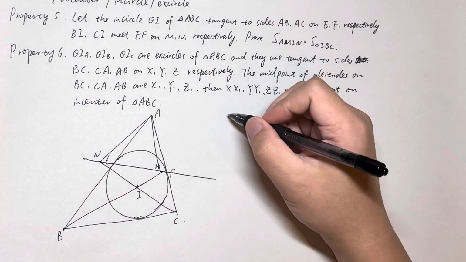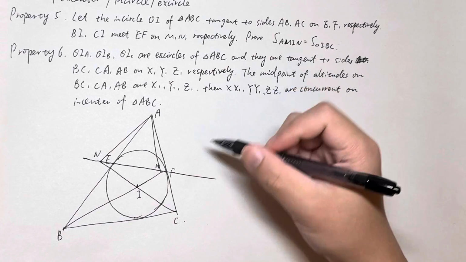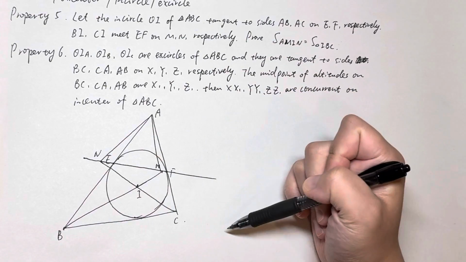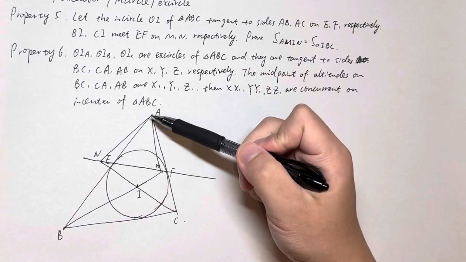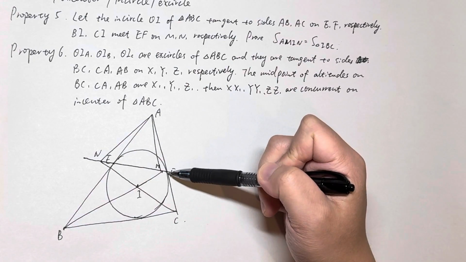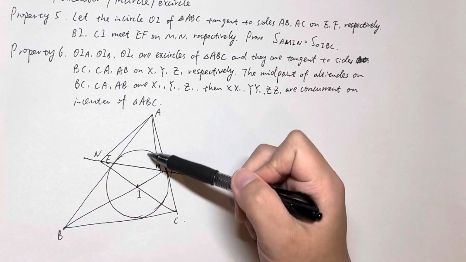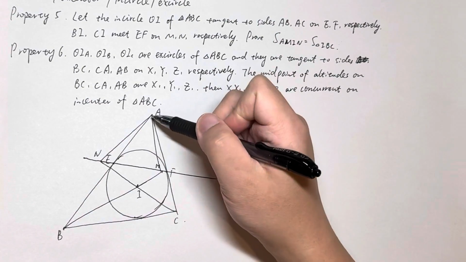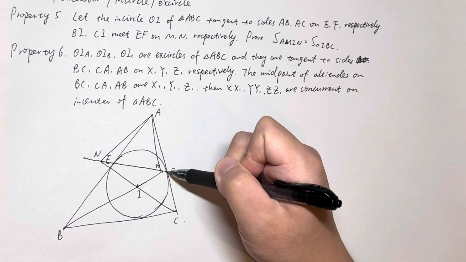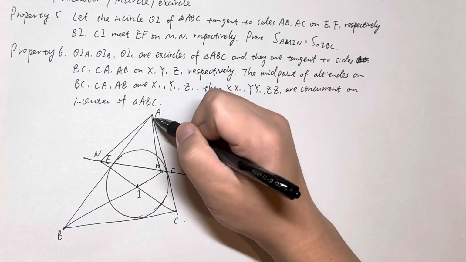So the first thing is, how can we calculate the area of ANIM? Notice that AE and AF are tangent to the circle I. So that means AI is perpendicular to EF, right?